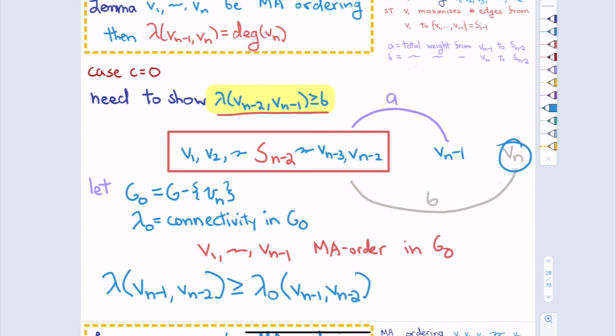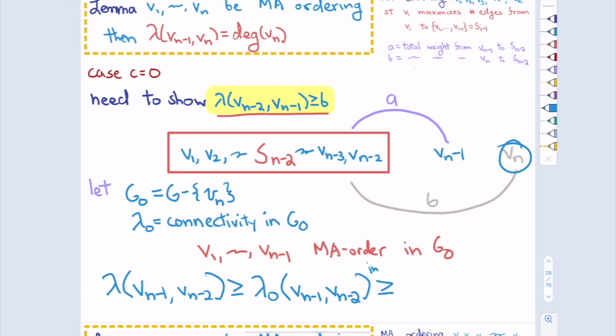Okay? So deleting that last vertex is not going to improve the max flow. By induction, I know that the connectivity between these two vertices, because this is an MA order, is given by the singleton cut of Vn minus 1.